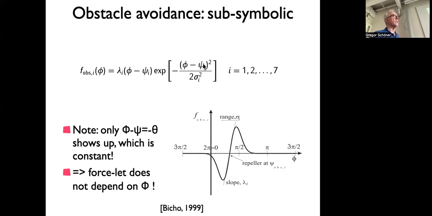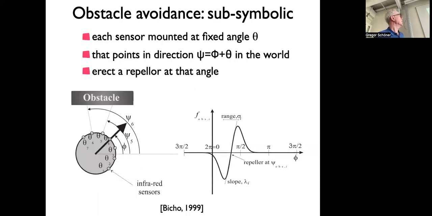if you look at this, is the angle into which the sensor points in the world, right? This is not the angle at which the sensor is mounted on the vehicle, right? That will be a constant, right? What phi minus psi is, is that angle at which the sensor is mounted on the vehicle, right? If you look here, sensor 4, I believe, is right in front, right ahead, and then sensor 3 is a little bit to the right.